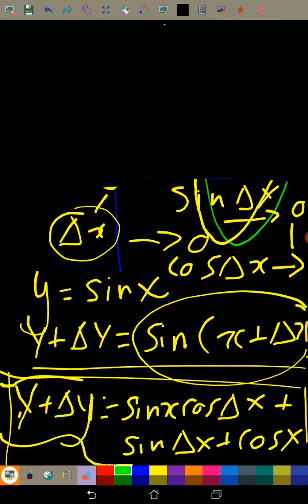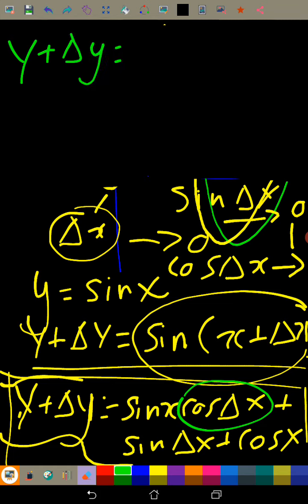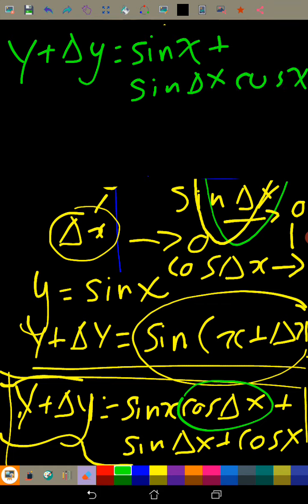This is 1. This should be 1. So y plus delta y is equal to sine x plus sine delta x cos x. There is no plus here. Okay.